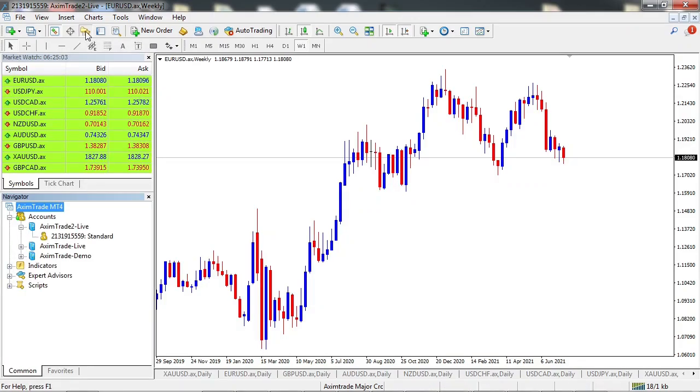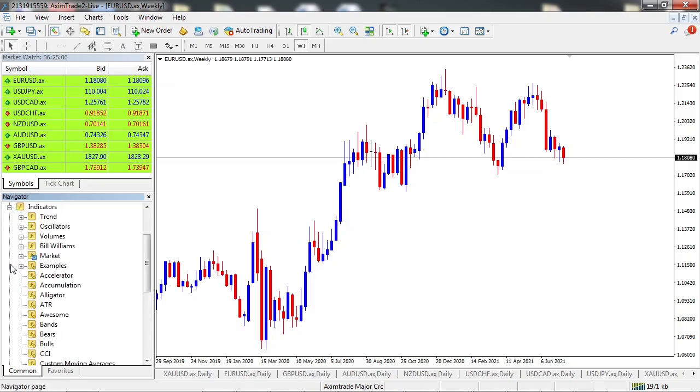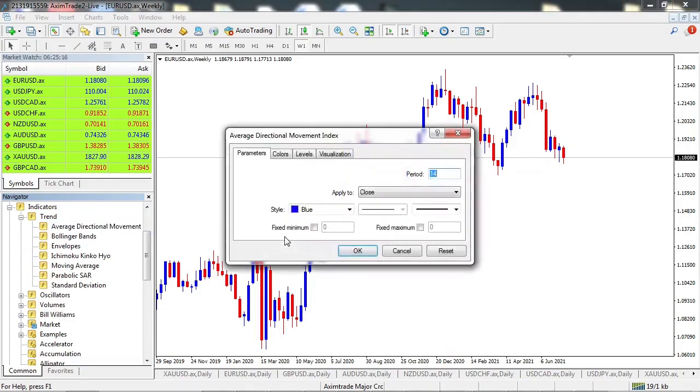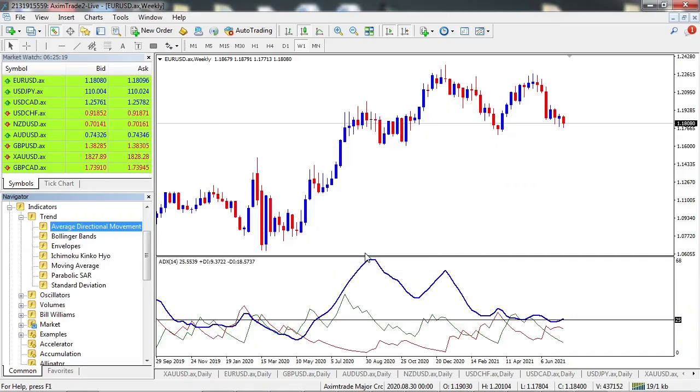Simply go to Navigator panel, Indicators. Under the trend, click the Average Directional Movement Index, drag and drop it on chart. It's done.